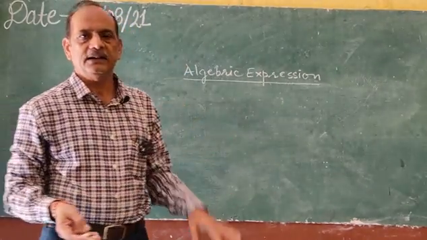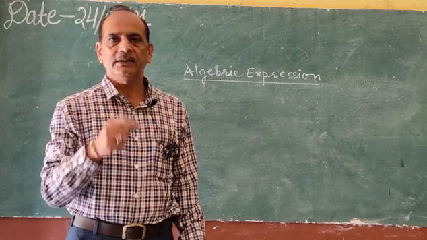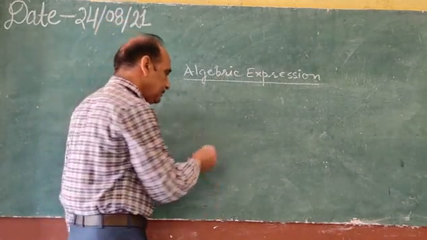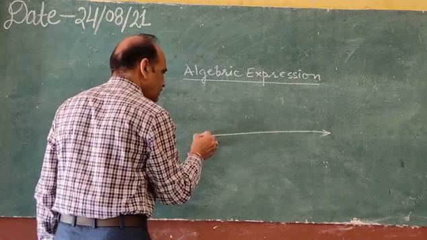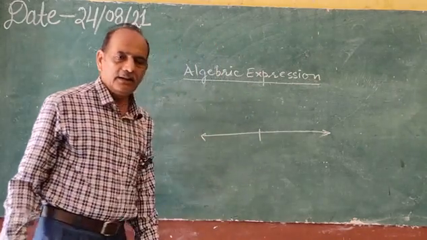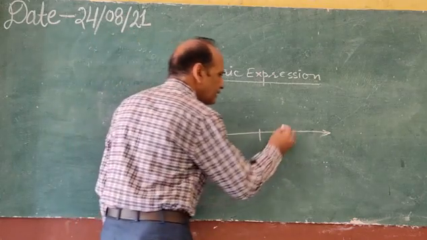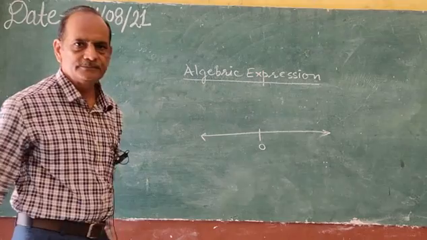Sometimes students say, sir, when we write minus or when we write plus, there is no problem, the digits are the same. No. This is absolutely wrong when you are not using the sign properly. This is a number line.